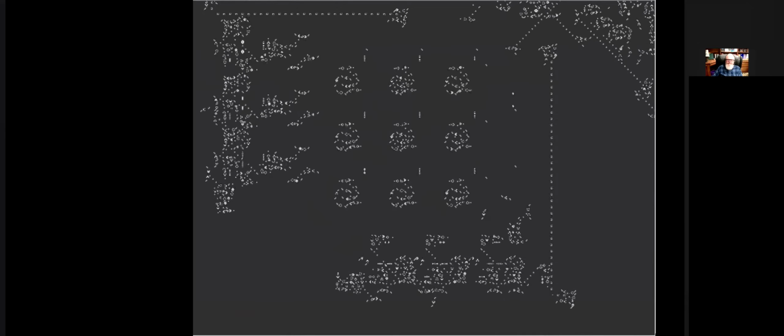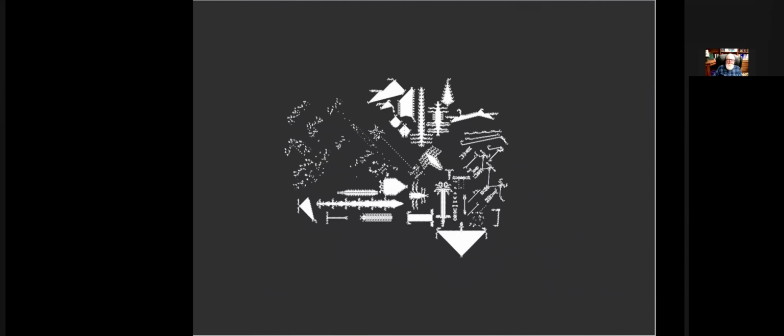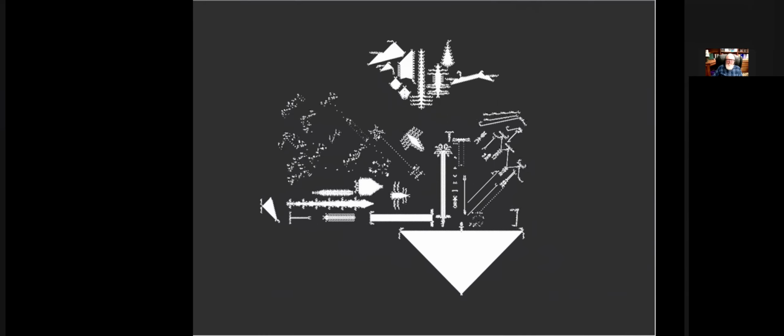I think there's actually some configurations which allow it to be a computer. I find it just mind-boggling that people would spend their time coming up with these different things.